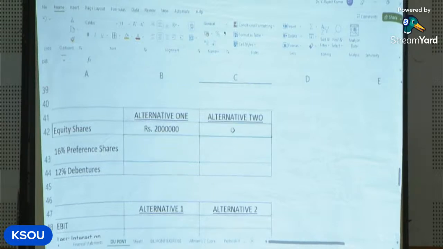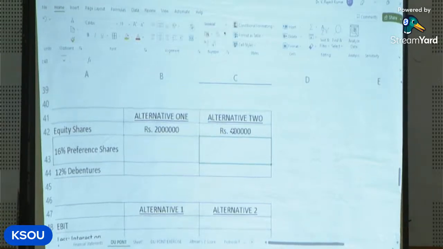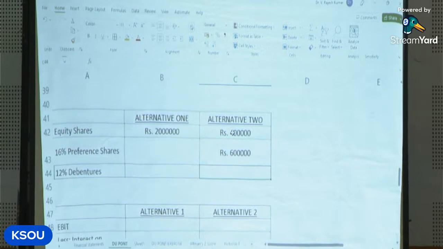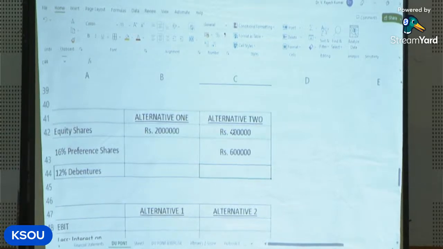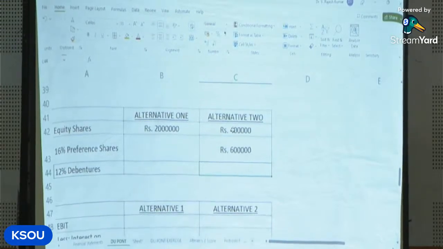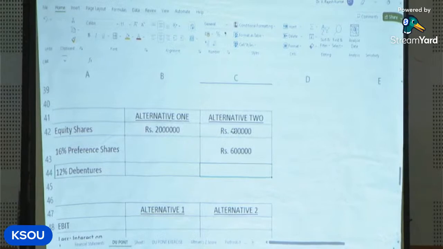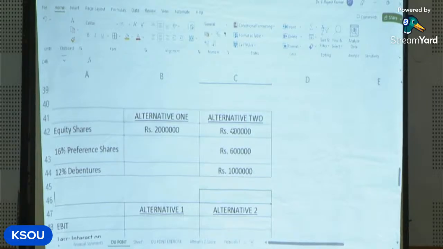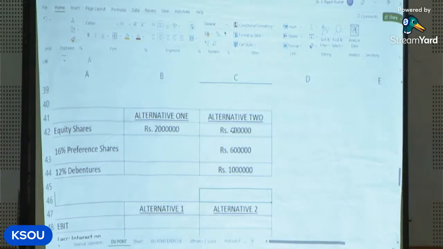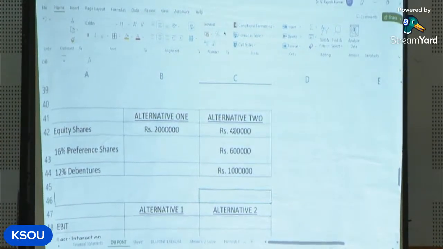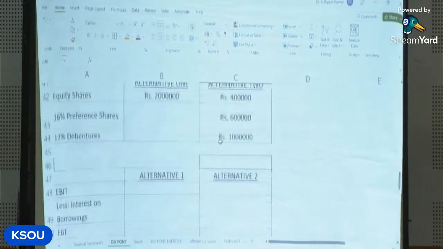Alternatively, I raise part of it through borrowing. So let's say these are the two alternatives.